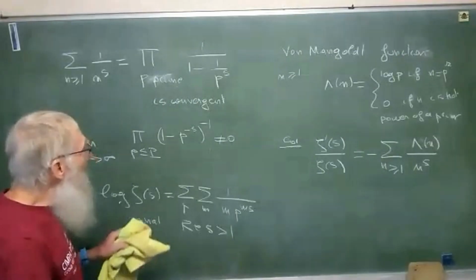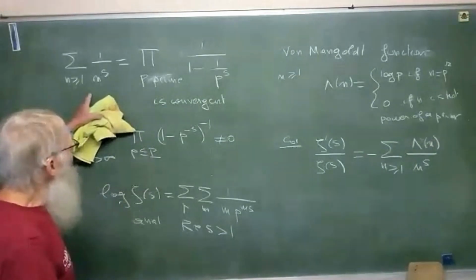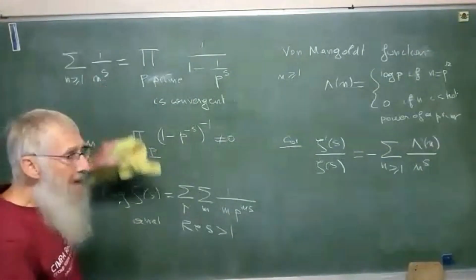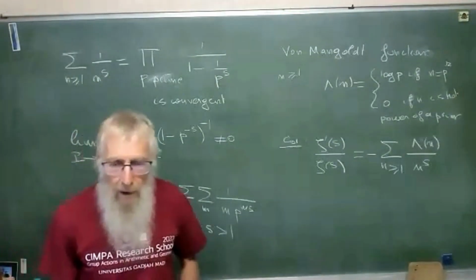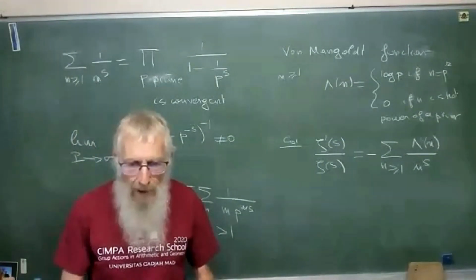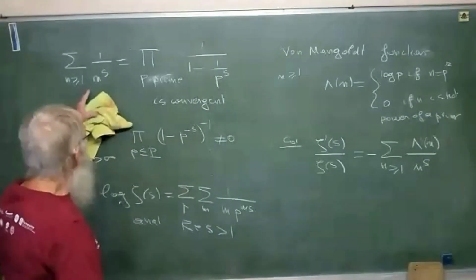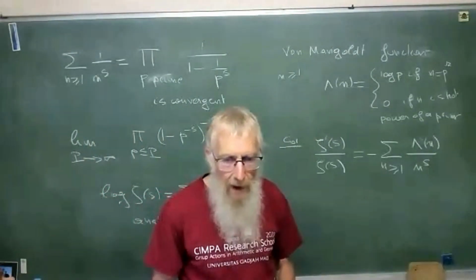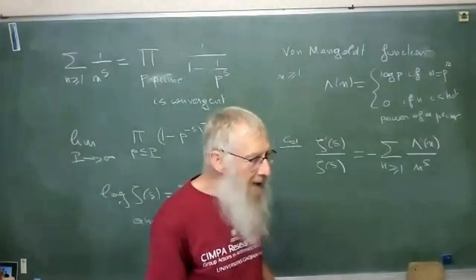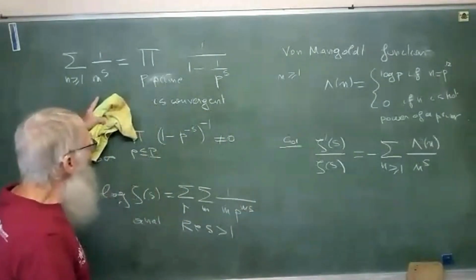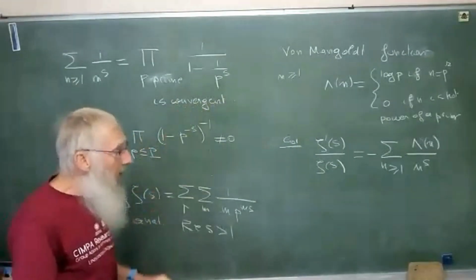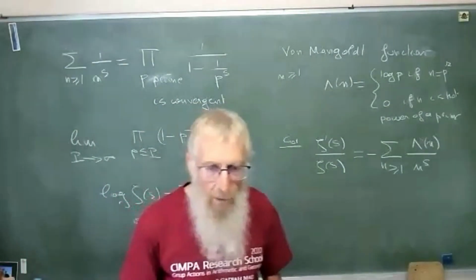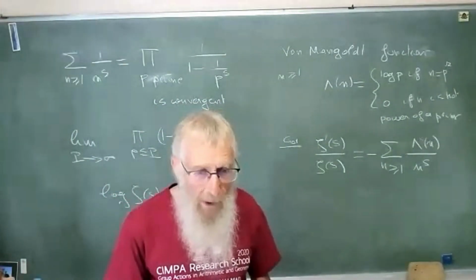The first remark that we can make is the fact that if we take s greater than 1 but tending to 1, the left-hand side becomes the harmonic series, and the harmonic series is divergent for s equal 1, and therefore the infinite product is divergent for s equal 1.